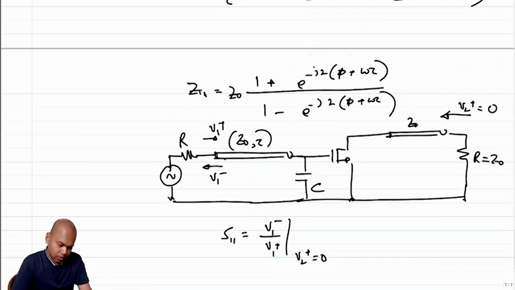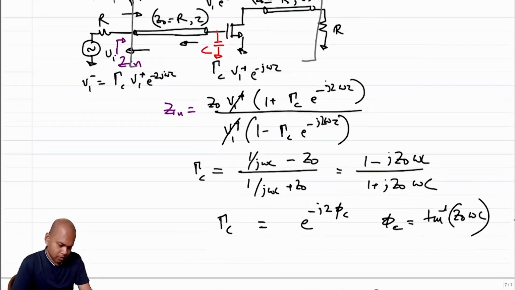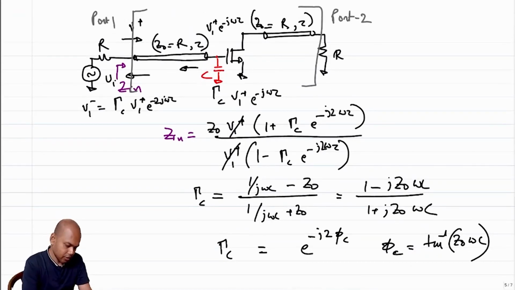So this is our V1 minus, and this is V1 plus.